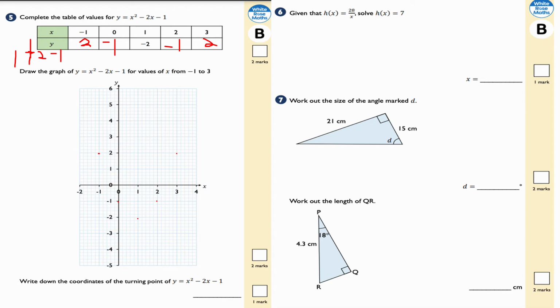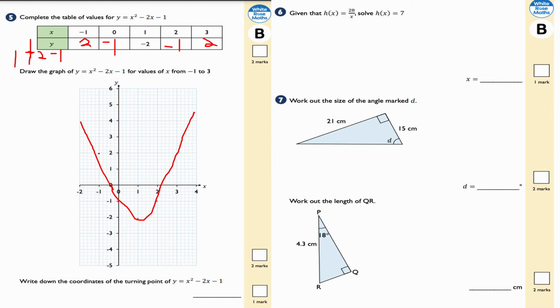So it's a smooth line with your pencil going through all these points without taking your pen off. Now, I am aware that I'm doing this on a screen, which is obviously a bit trickier. But it should look something like that. It is U-shaped, which is the shape of a quadratic curve.